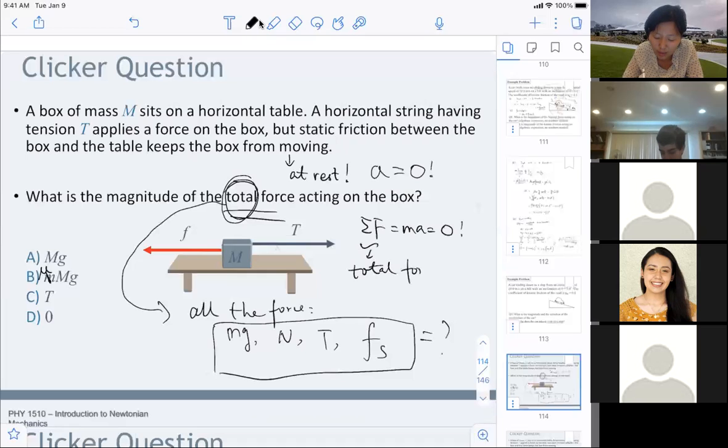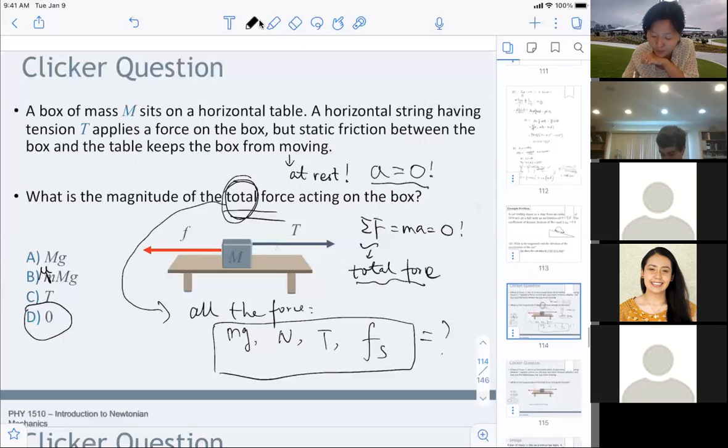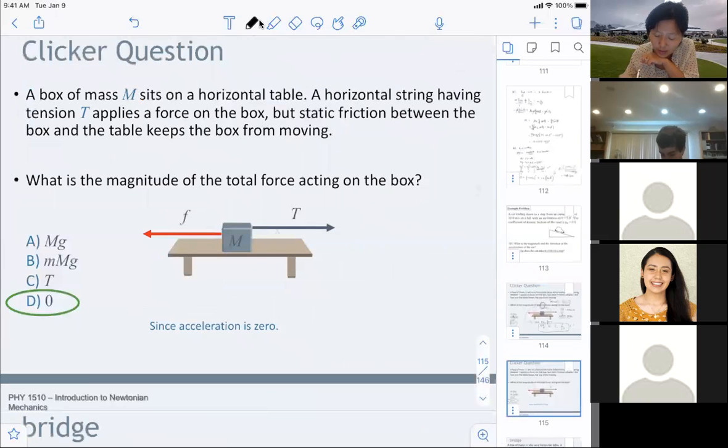That is exactly what is being asked. So whenever the problem says something is at rest or moving with a constant velocity, in both situations you have 0 acceleration, and you know the net or total force is 0. You don't have to think about the details of how they add up. So the answer is 0.